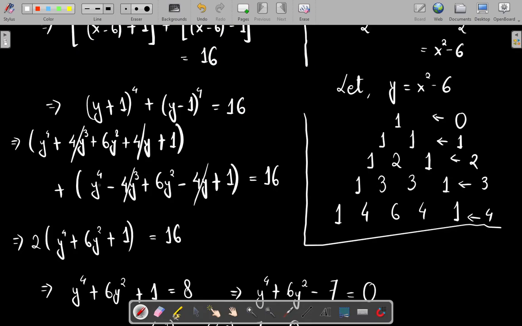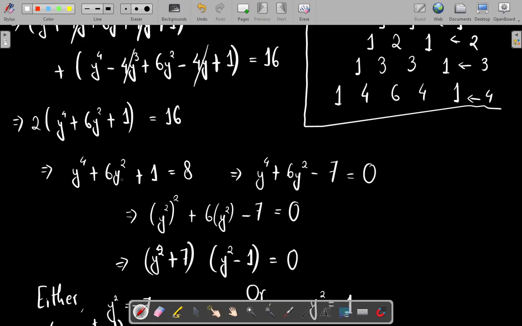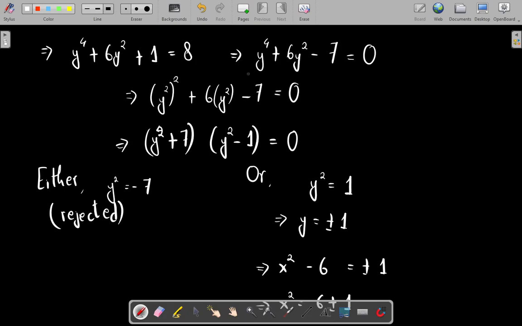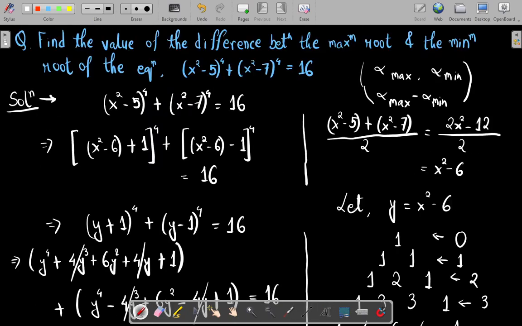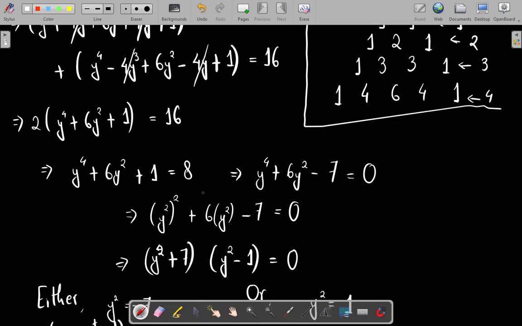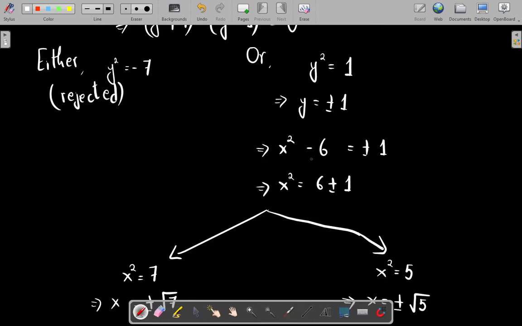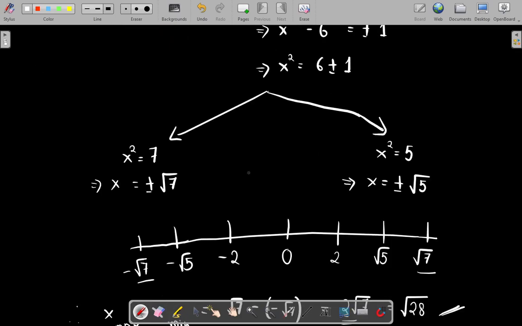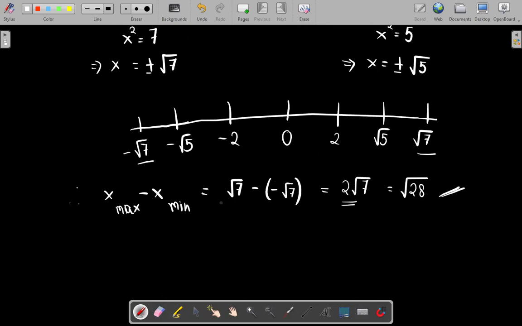Okay, then I expanded the expression through binomial theorem, and then the equation changed to a reducible quadratic equation in terms of y square, where y was equal to x square minus 6. Okay, and then solve for y square, then solve for y, and then revert back the substitution. Okay, so I plugged back in the value of x, from there we solved for x, and then we found the max and minimum root.